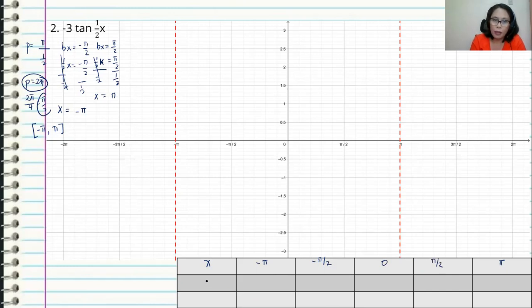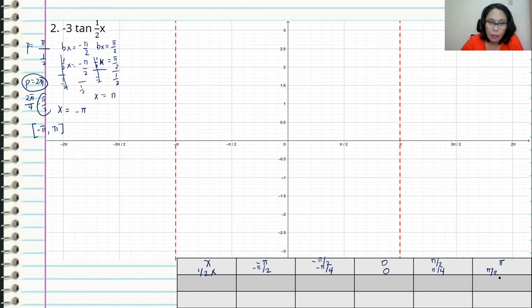And then let's work on 1 half x here. So 1 half of negative pi is negative pi over 2, while 1 half of negative pi over 2 is negative pi over 4. So 1 half of 0 is 0. And then 1 half of pi over 2 is pi over 4. And then 1 half of pi is pi over 2. So we go back with the original period of tangent, which is pi.